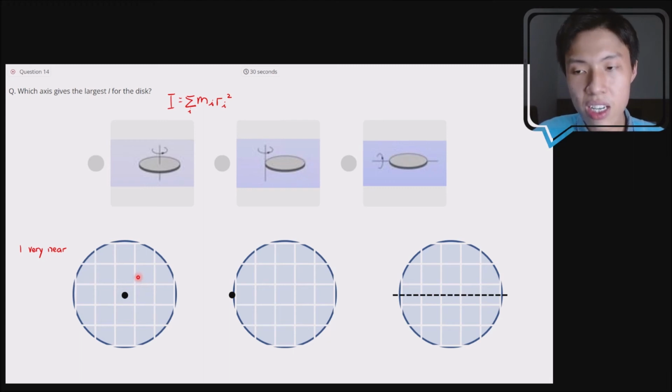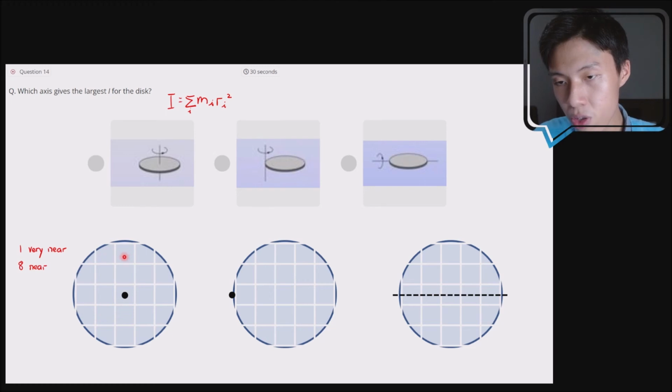It's still considered near, but not as near as the first one. So you have 8 which are considered near. Now if you move on to the outer circle, you have 1, 2, 3, and we ignore these corners because they can be patched up over here. So you have 1, 2, 3, 4, 5, 6, 7, 8, 9, 10, 11, 12. We have 12 which are considered far.